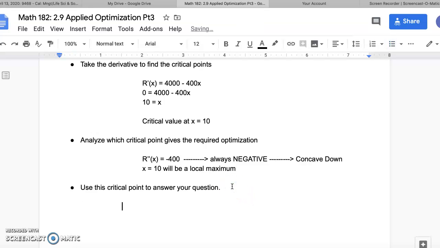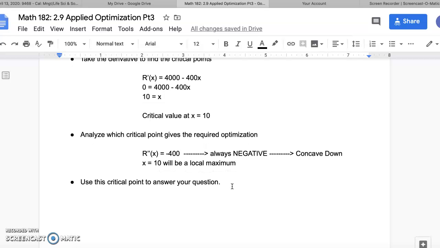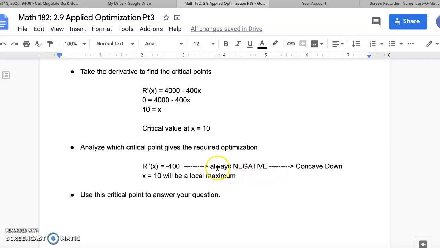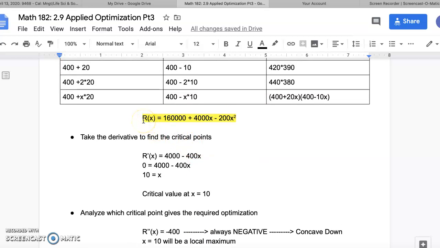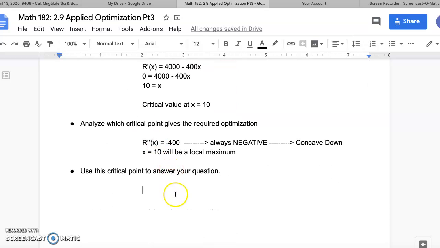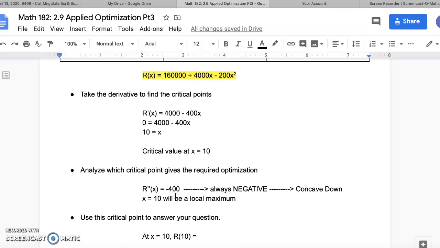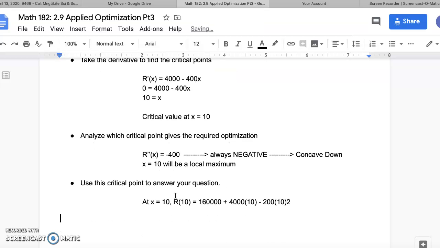So then that leads us to the rest of our problem. The rest of our problem says, all right, we have a local max at x equals 10. Let's go ahead and take a look at our function, and let's figure out what the revenue would be at that x equals 10. So at x equals 10, r of 10 will be, if I plug in that 10, 160,000 plus 4,000 times the 10 minus 200 times the 10 to the second power.